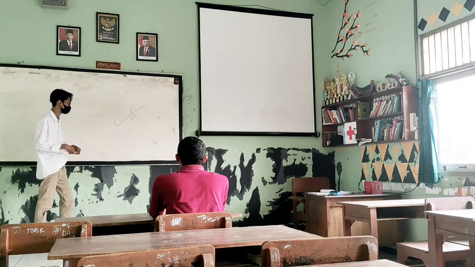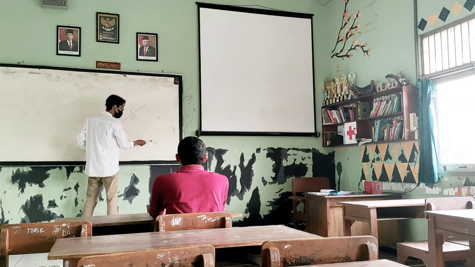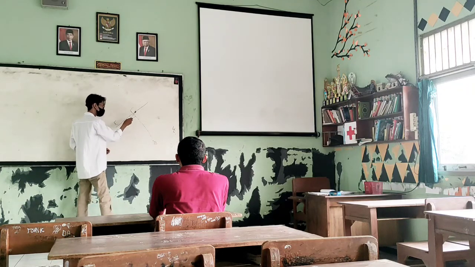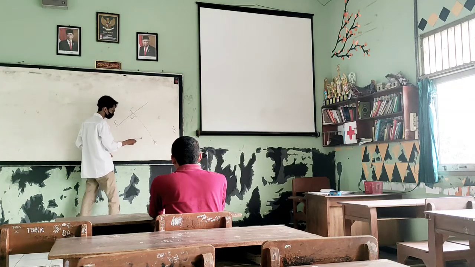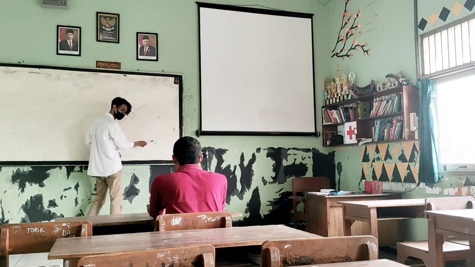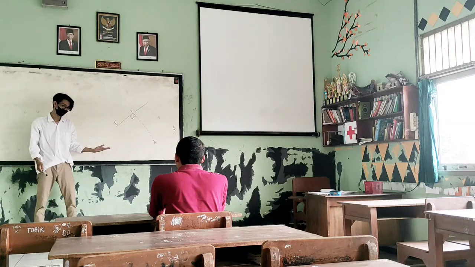Okay, for example, in the picture above we know a point P with respect to the line g. Point P has a distance from line g as far as the dashed line P to P accent, where P accent is the perpendicular projection of point P on line g.